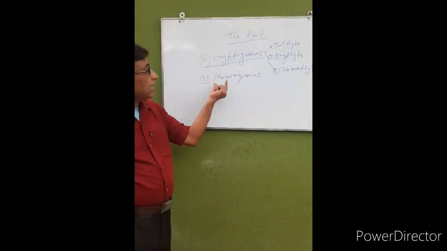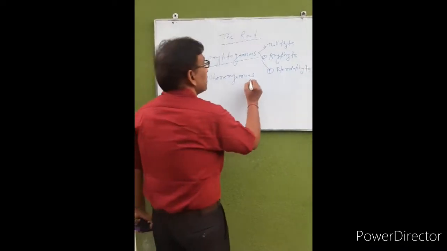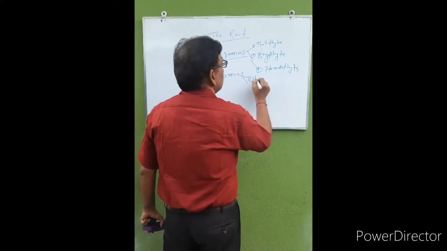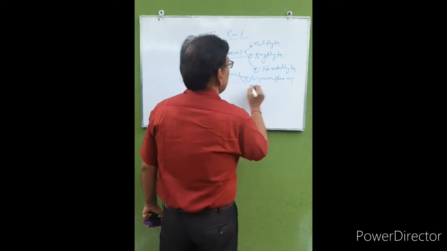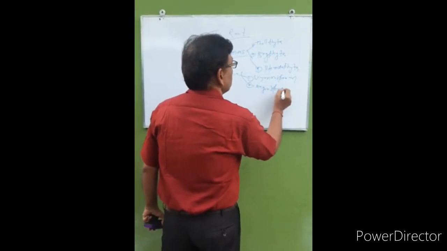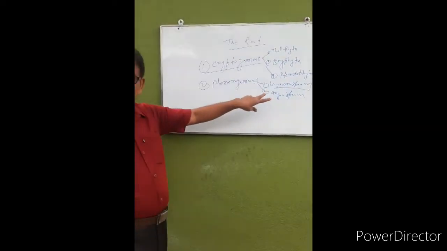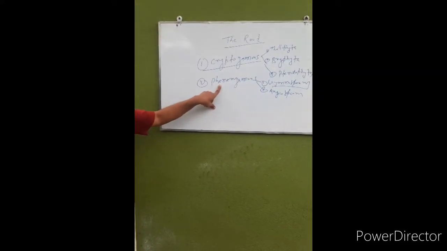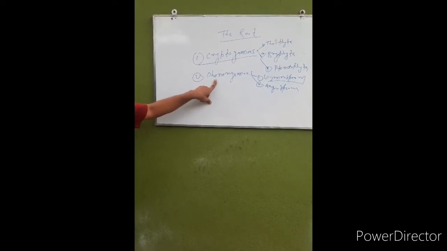Whereas in Phanerogamous, there are two major groups. First is gymnosperm, and second is angiosperm. Both are flowering plants. The plant which contains flowers is called Phanerogamous.